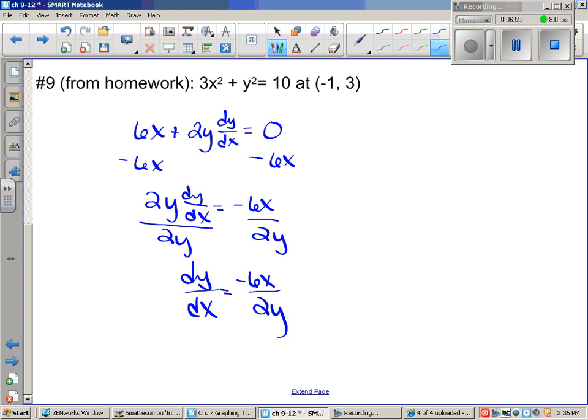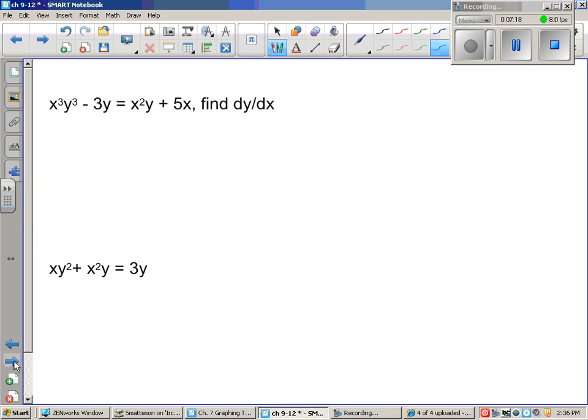And so now when it asks the question, all I have to do is plug in the x, plug in the y, and I've got the answer. And there is your slope at the point -1, 3. Isn't that interesting? So you have -6 times -1 over 2 times 3. And so you have 6 over 6. Oh, sorry. Yeah, which is 1. There you go.